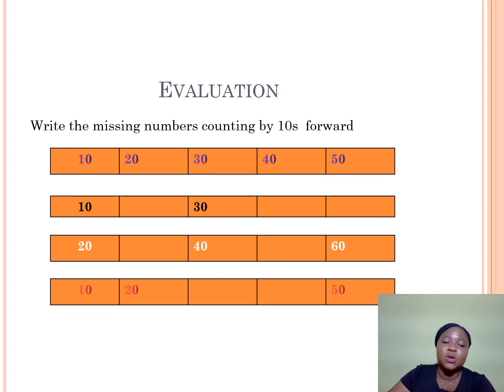So you are doing the next one. So 10, what will be here? Okay, then we have 30. What will be here? Then the next one. We have 20 here. There's a missing number, sorry. To get the 40. From here we get a number. We have 60. Then you have 10, 20, and there are some missing numbers here.